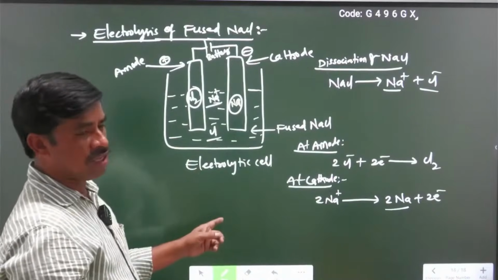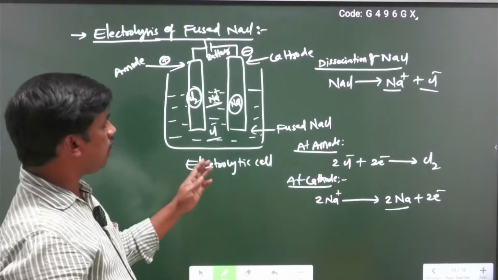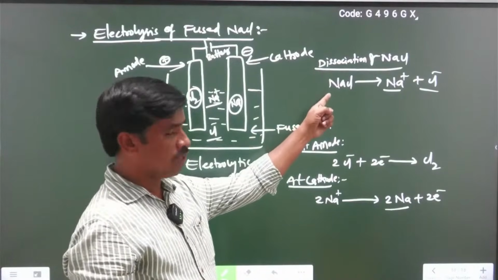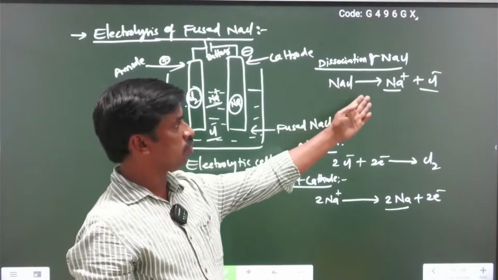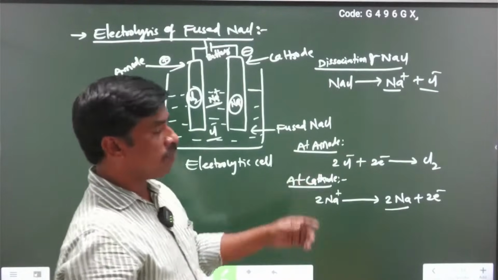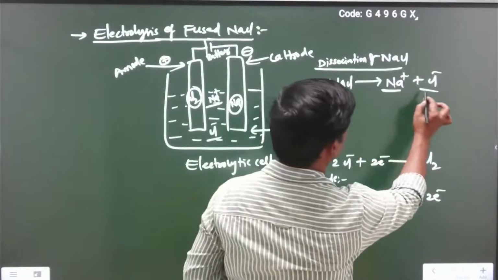During electrolysis in the electrolytic cell, NaCl dissociates into Na plus and Cl minus ions.